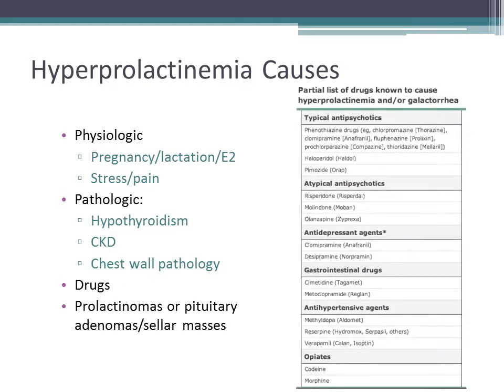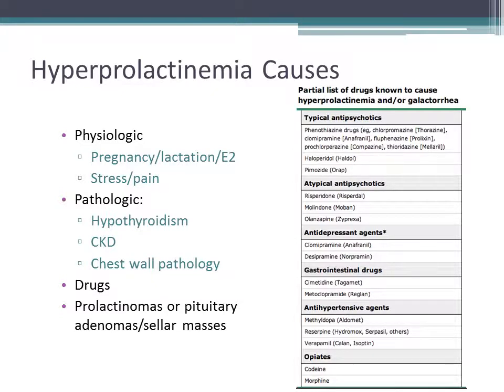Drugs. If you want to remember one important category that can cause hyperprolactinemia, it's the antipsychotics, whether typical or atypical. Less commonly, metoclopramide can also cause hyperprolactinemia, and one of the antihypertensive drugs, verapamil, is also known to cause hyperprolactinemia.